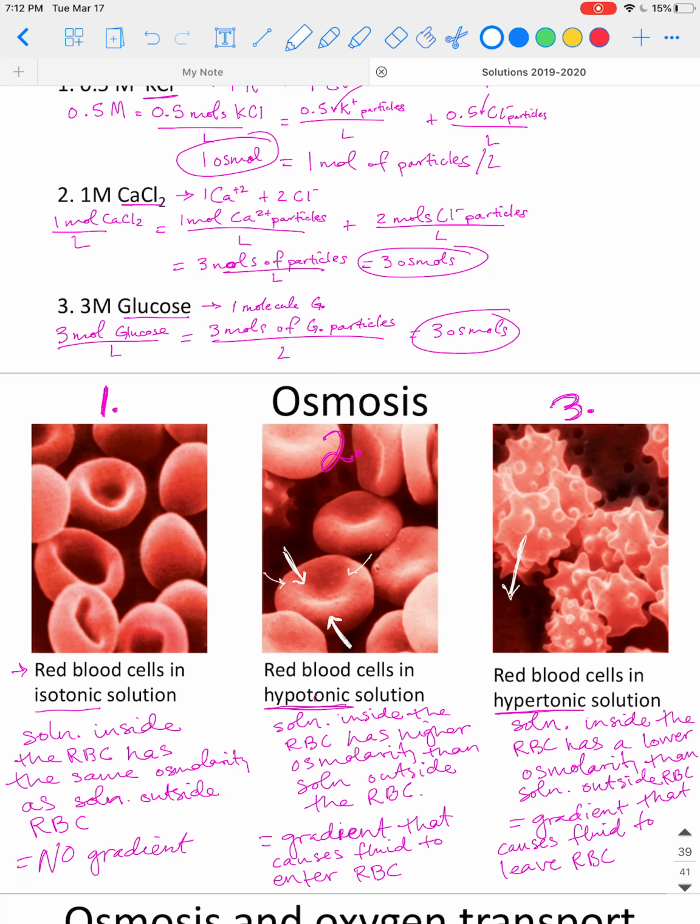So if we draw a picture here, fluid would be leaving the red blood cells, rushing out into the surrounding area to try to even the osmolarities. To try to dilute the outside solution, which has a higher osmolarity, to try to make the solutions isotonic. That's the goal. So that is why solution leaves the red blood cells, and the red blood cells then look shriveled compared to normal red blood cells.